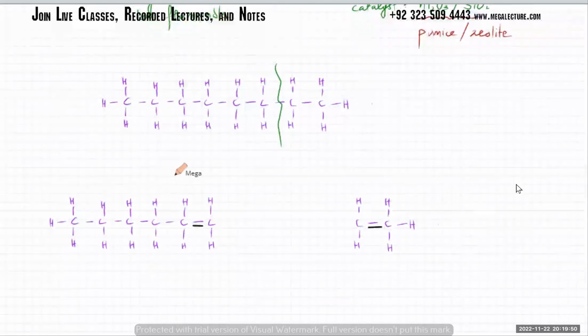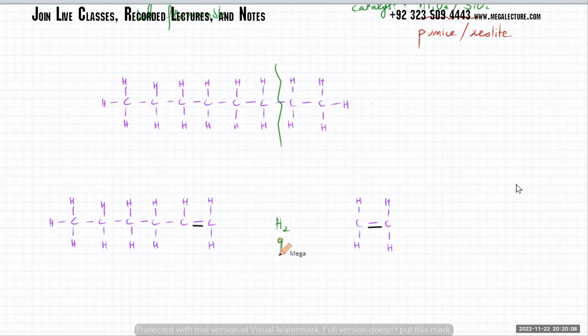So they would have to let go of one H atom each, and while the double bond is getting produced, the H atoms will get together to form H2 gas molecules.